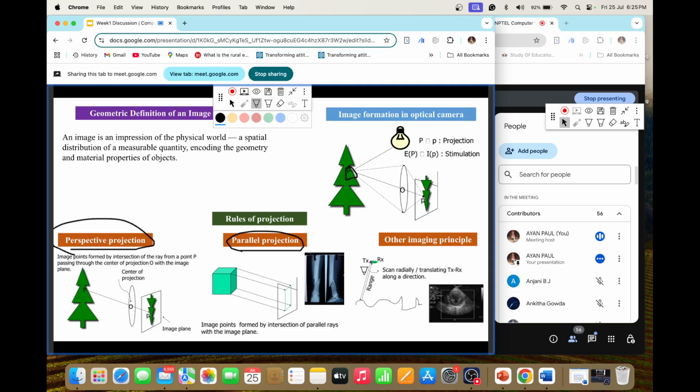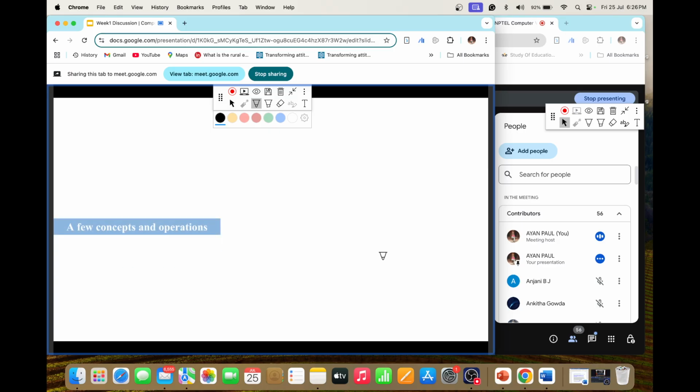Speed we know, distance we have to measure, and time we get to know, because the moment you transmit the signal and the moment you receive it, the time duration you know. So speed you know, time you know, you can get the distance. So these are three different imaging principles, or you can say rules of projection. All these things we will study in detail in the coming classes, but this is the basic overview of it. Okay, so up to this the image portion is over.